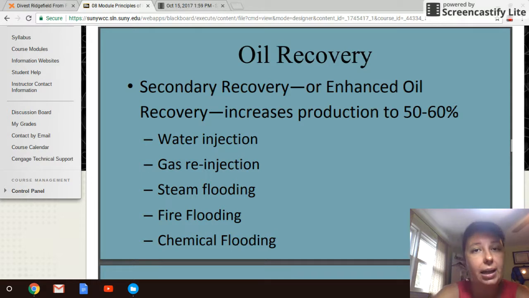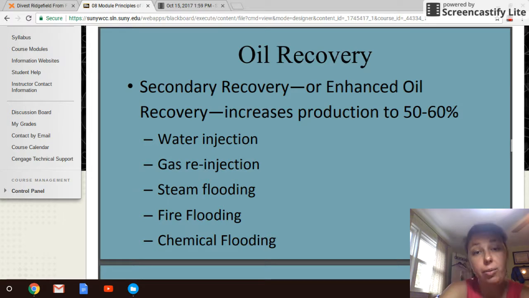So back 50, not even 25 years ago, oil prices weren't that high, and therefore when we would send down for oil, once we were done extracting the easy to get out and the standard methods, we would just leave it. We would just leave and go on to the next well recovery system. But now that oil is becoming a less common commodity, and we also are able to pay higher prices for it, it makes sense to do secondary recovery.